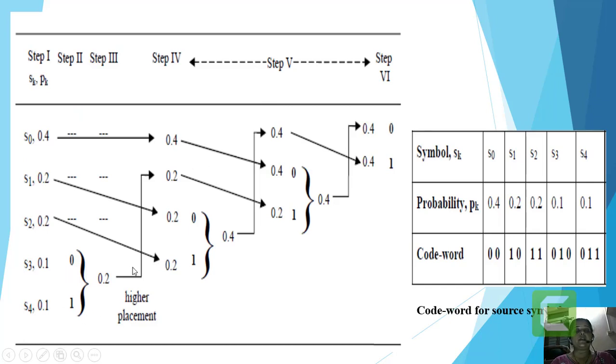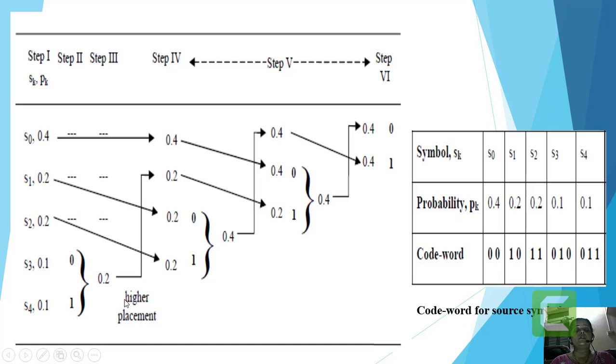In the second step we have placed this at the higher location. Now in this step we consider the lower two probabilities with value 0.2, assigning 0 and 1. The combined probability for these two lower symbols will be 0.4.